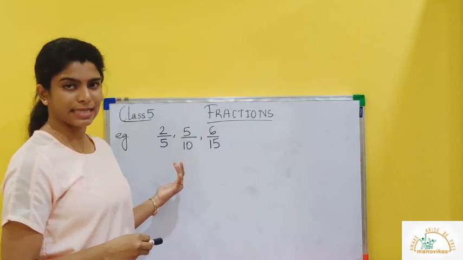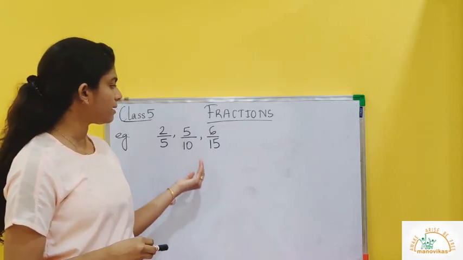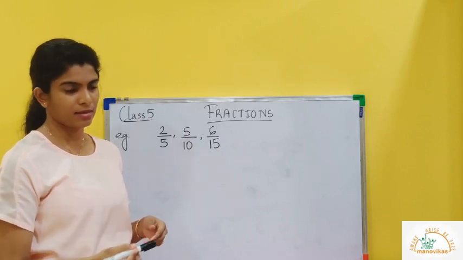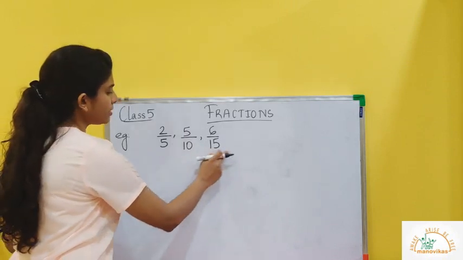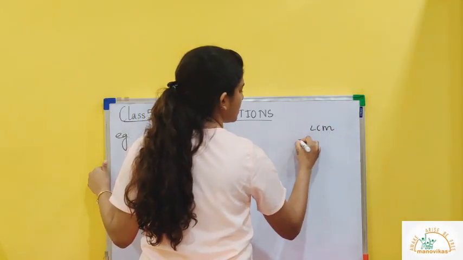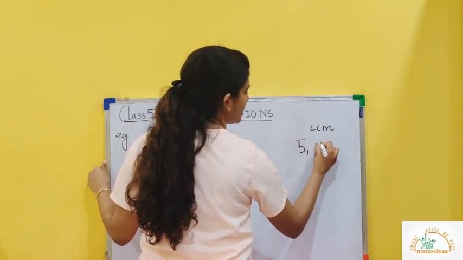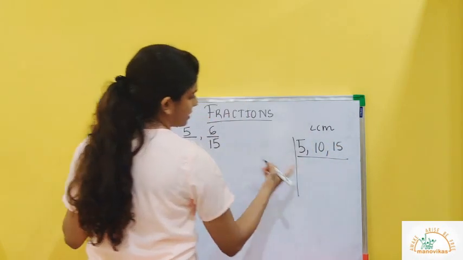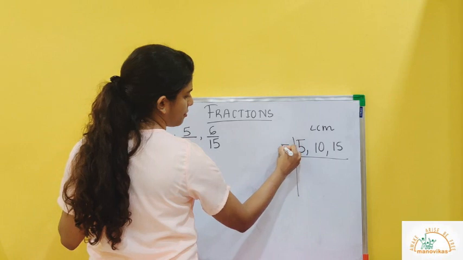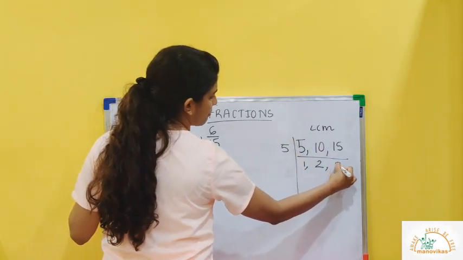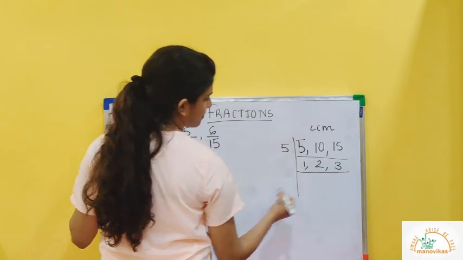Here is the next example. Here if you see, there are 3 fractions. You have to compare which one is greater than the others. So here we have different denominators. So I have to find the LCM of all these 3 numbers: 5, 10, 15. I will start with 5 since I have 5 here. 5 1s are 5, 5 2s are 10, 5 3s are 15.